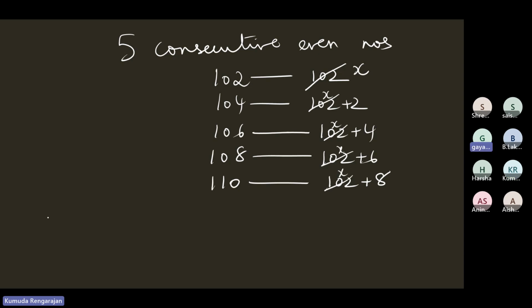Now tell me, what do you see? X plus 2, x plus 4, x plus 6, x plus 8. Very good. So if we have to assume 5 consecutive even numbers, we say let the numbers be x, x plus 2, x plus 4, x plus 6, x plus 8.